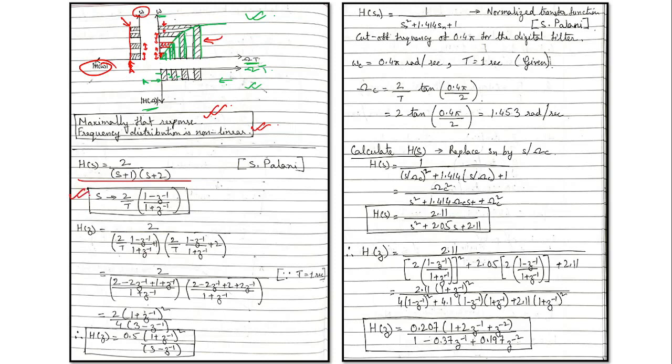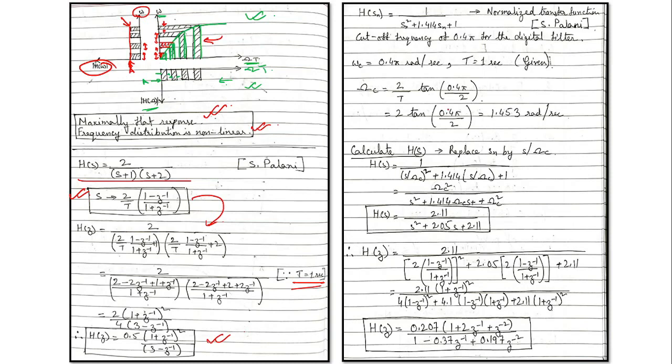So we have this transformation equation. We apply this transformation equation over here, just simply put it in, and after solving you get H(z). Herein, since T is not given, T would be equal to 1 second.